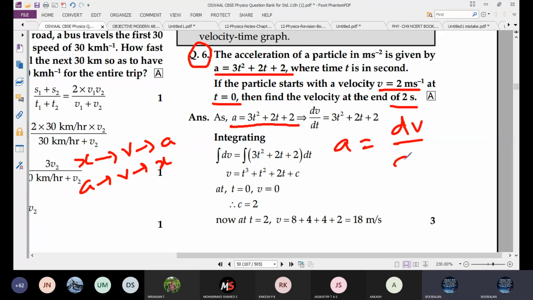Now the value of a is 3t square plus 2t plus 2. What is the formula? Integral of t power n is equal to t power n plus 1 divided by n plus 1. Just apply the values. This is the symbol of integration. Integral symbol.